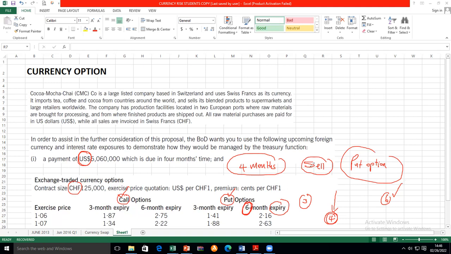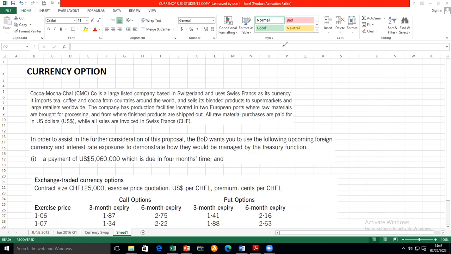So with that information now, let us build the table. Remember the table that we built last time? We'll do the same. We'll build the same table like that, the one we had last time.